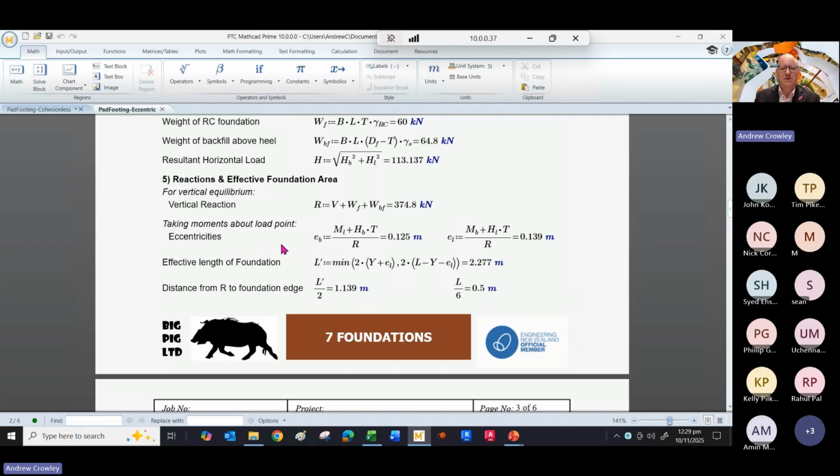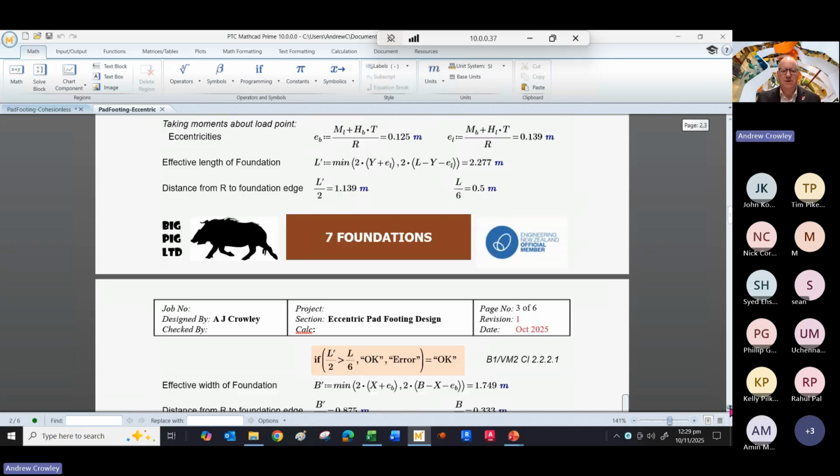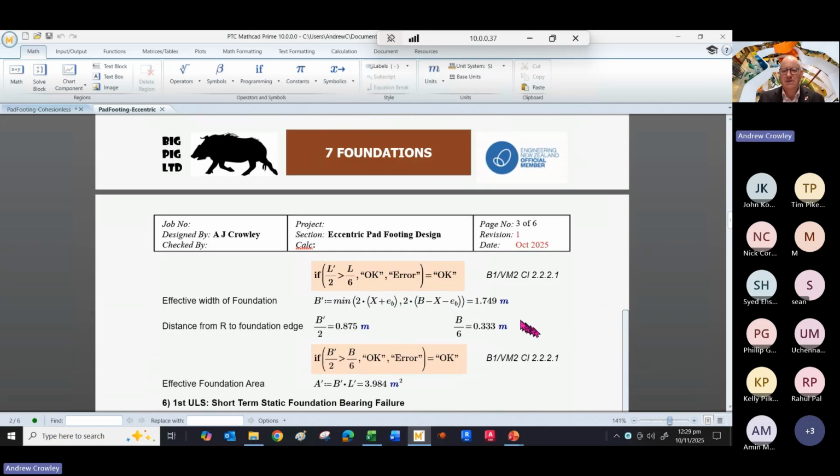Taking moments about the point of loading, you then work out what the eccentricity is about breadth as 125 millimeters and about the length as 139 millimeters using these equations. And these are given in the code, which then gives you your effective length of the foundation as 2.27 meters. It also gives you the effective width of the foundation as 1.749 meters.